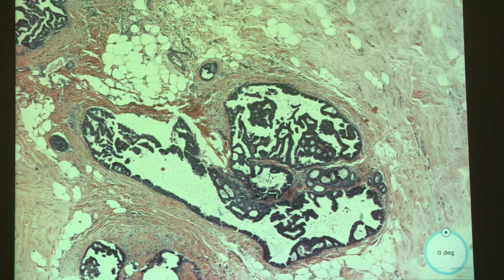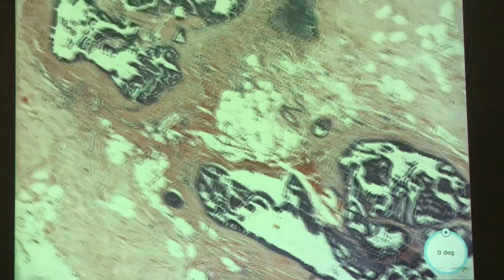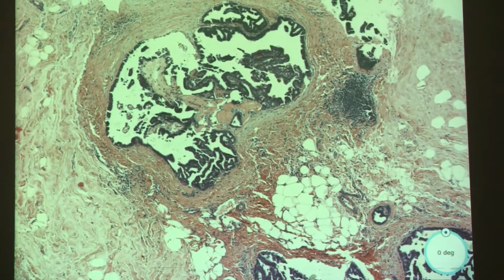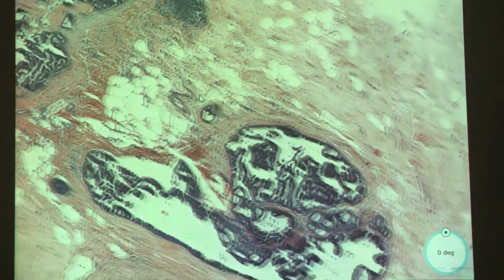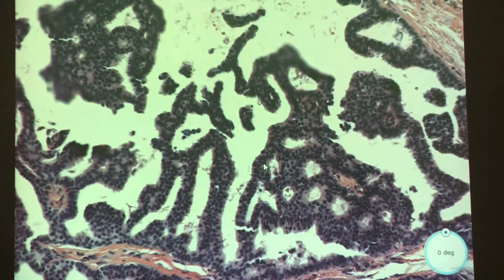There's some punched out lesions at low power at least. And over here, this could maybe be a papillary-like fibrous core, but let's take a closer look at what we see here.